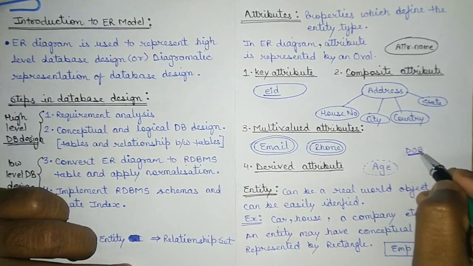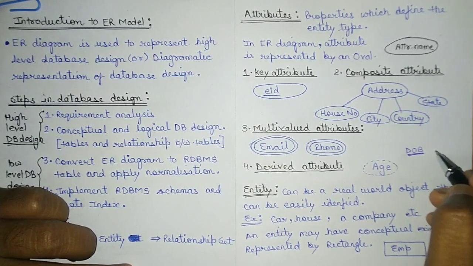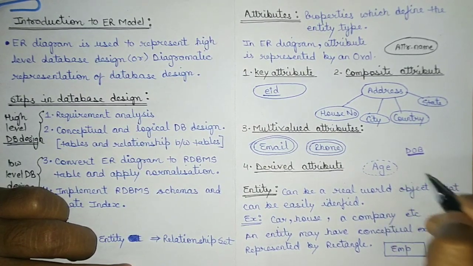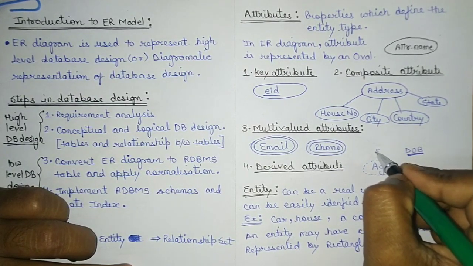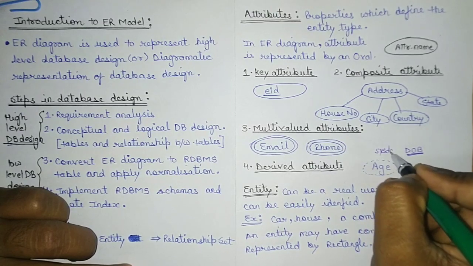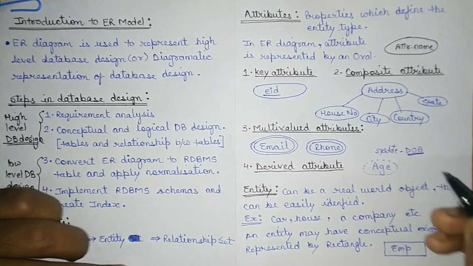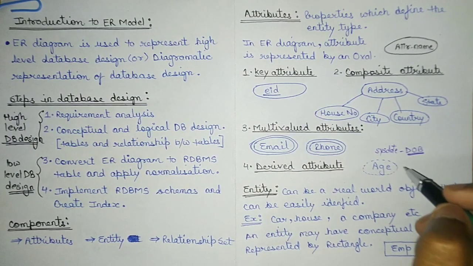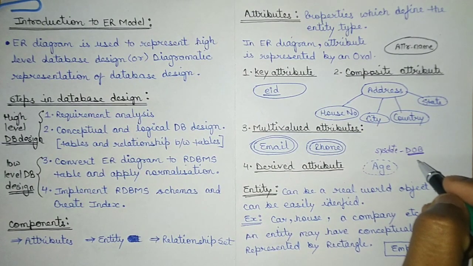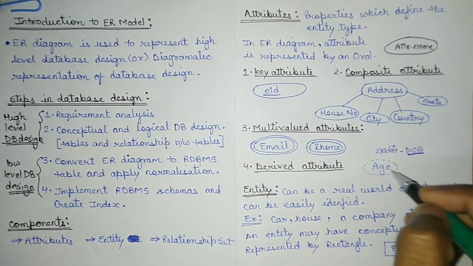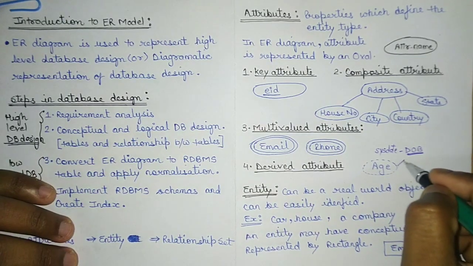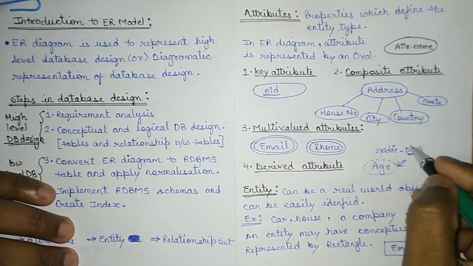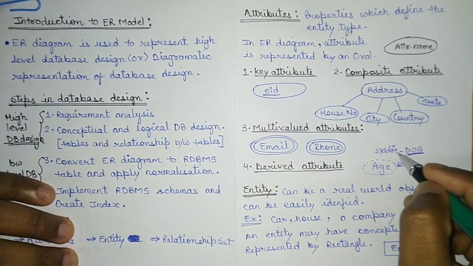Then I can easily find out the age: if I subtract the date of birth from today's system date, it will give us the exact value for the age. That means age can be derived using the date of birth attribute of a table and the system date.